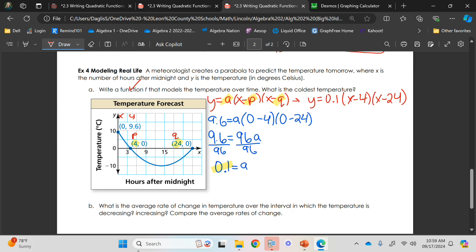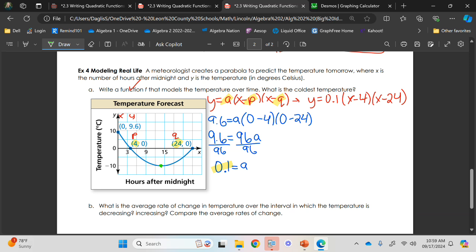Coldest would be a minimum, right? As low as we go. And we now know that minimums are the same thing as vertices. So we're trying to find our vertex. The temperature is going to be the k value, so I'm trying to find my k. We always have to find h before we can find k.